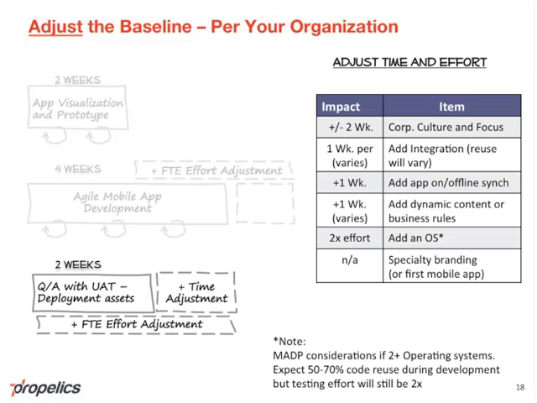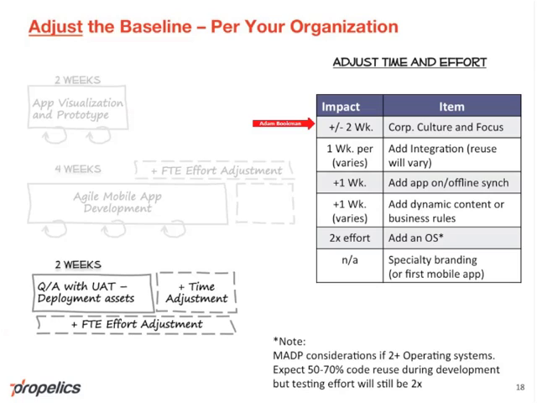Time adjustment, FTE adjustment. So if we roll out 2 applications, one iOS and Android, we can probably keep the same timeline, but we would want to add an Android tester on top of maybe the iOS tester. We would add time extensions if we had complicated integrations, if there was dynamic content that we needed to consider and needed to test through.